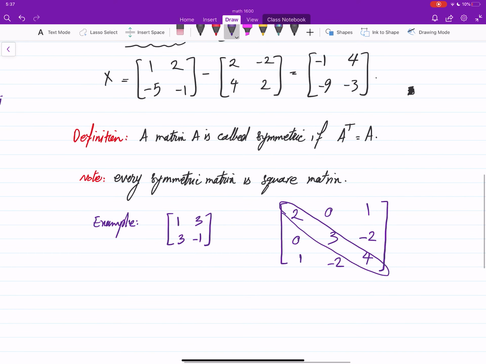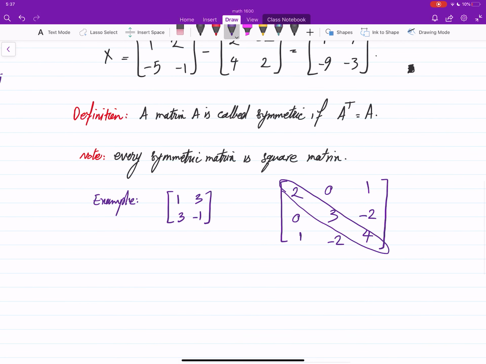So the question comes up, well, how can you generate good examples of symmetric matrices? There are actually very good facts about these things. Let me just write these as theorems or facts.